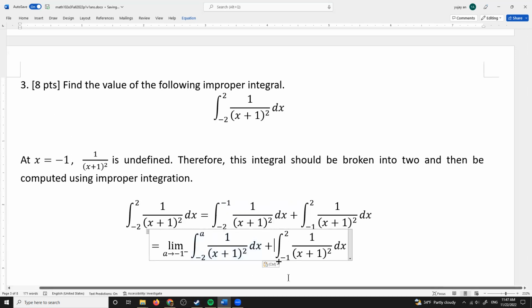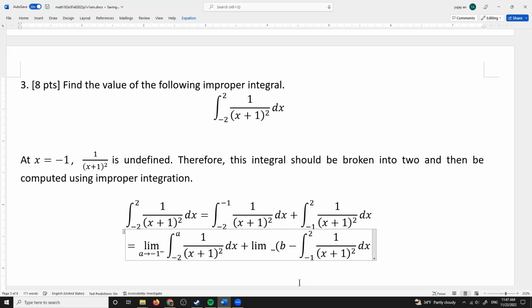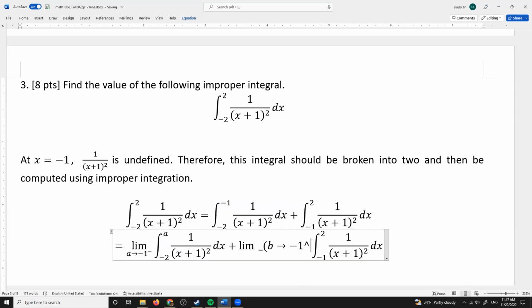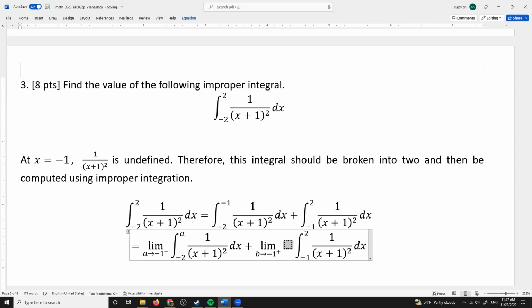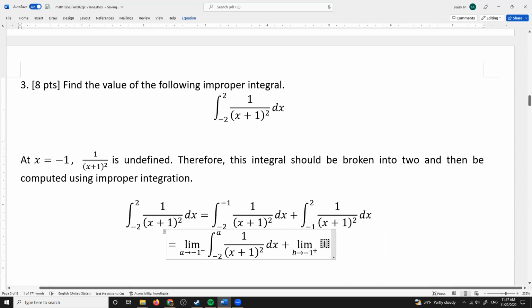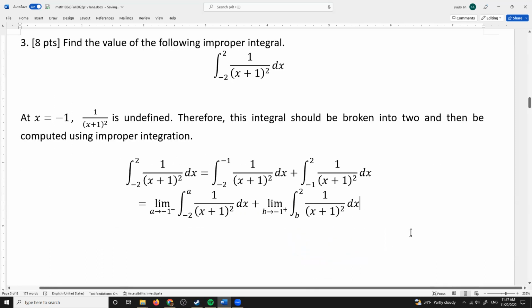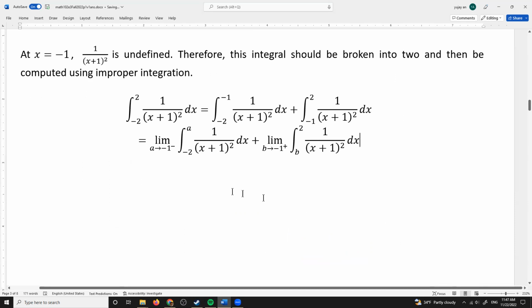And then this one would be limit of b going to -1 from the positive side, where by b I mean this lower end. Okay. So now we've turned them into improper integrals and turned them into limits. Now we're ready to do the calculation.